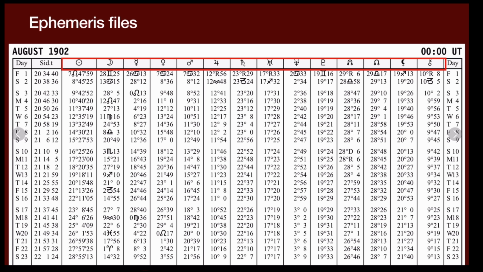Now there can be different symbols representing the same planet depending on the source of your information, so you've got to keep a lookout for that. Now on day 1, the top row, you'll see more symbols.